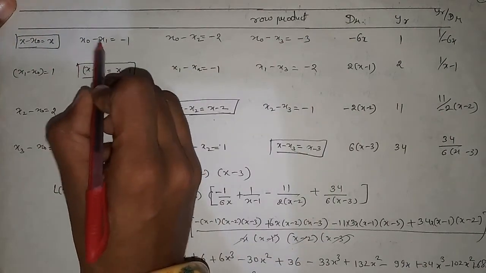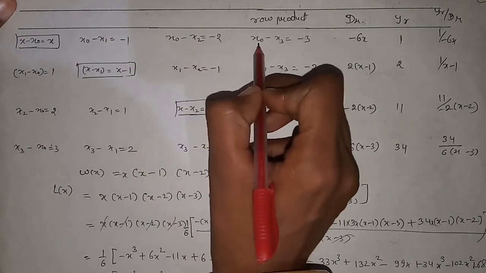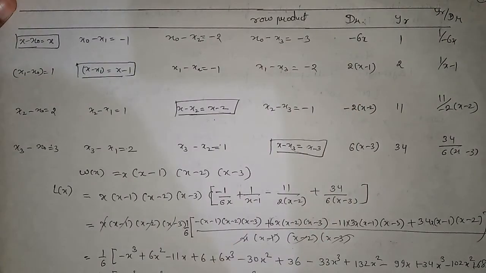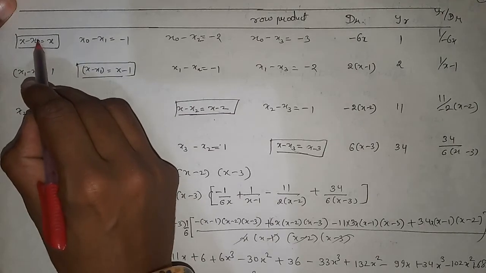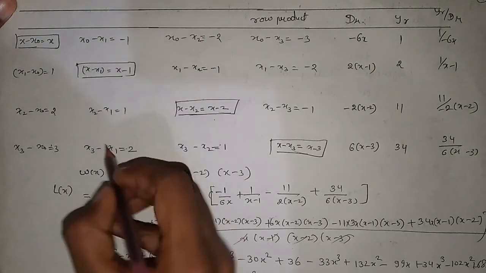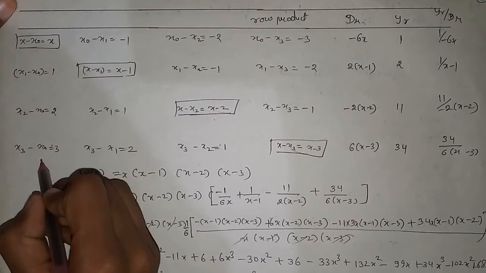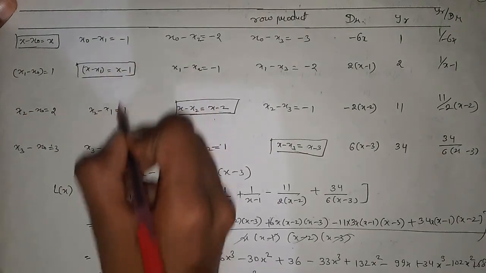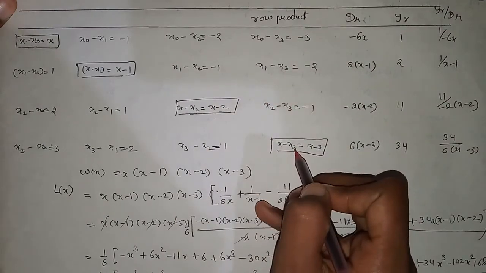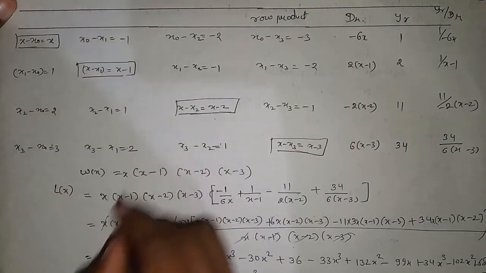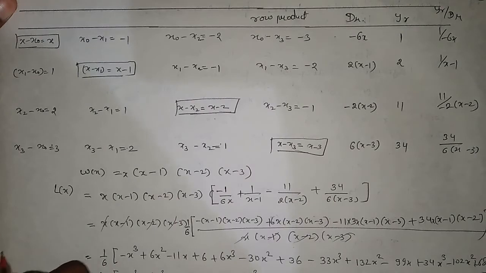So x0 minus x1, x0 minus x2, x0 minus x3. You can remember this very easily. We will always start with 0. In every case, you have to subtract in the first column by x0, in the second column by x1, in the third column by x2, and in the fourth column by x3. If we try to remember it in this way, then it is easy to remember.